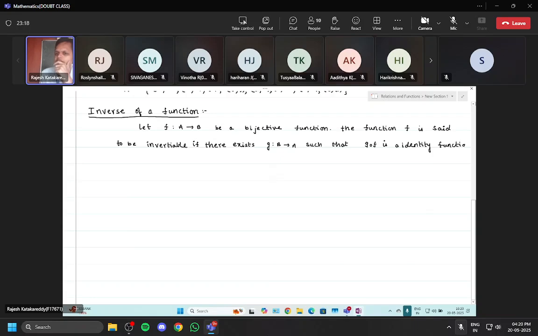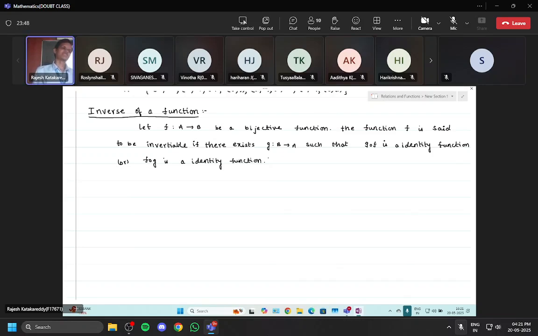You can also write f composition g is an identity function. Identity function means y equals x, or f of x is equal to x. f of x equals x is an identity function.